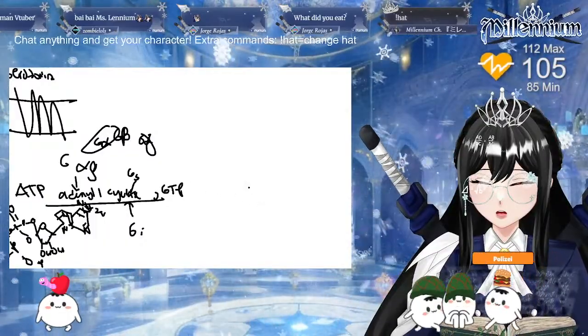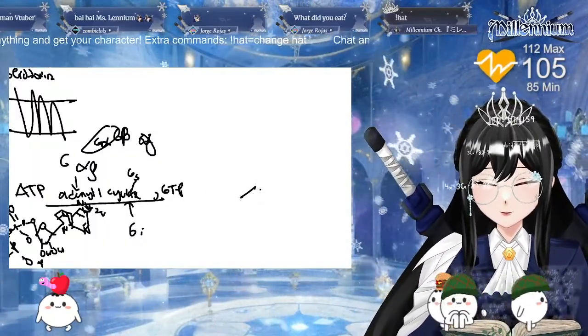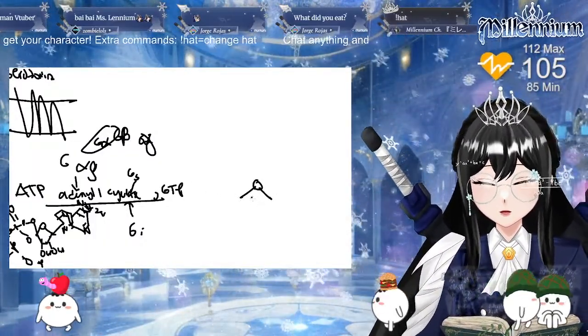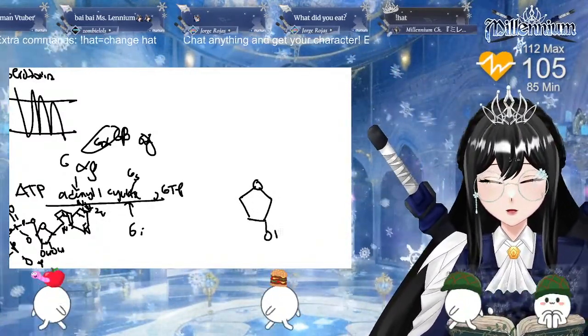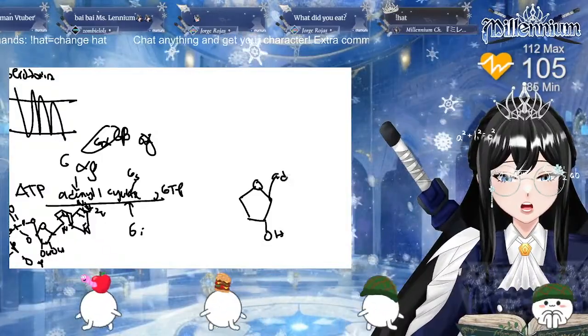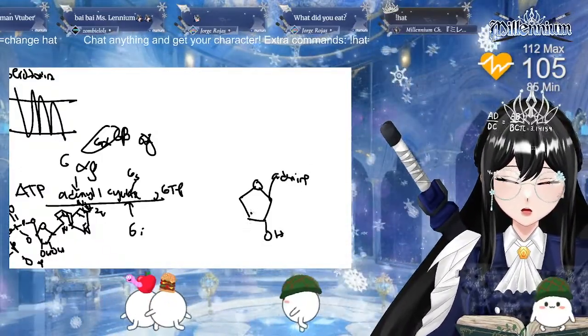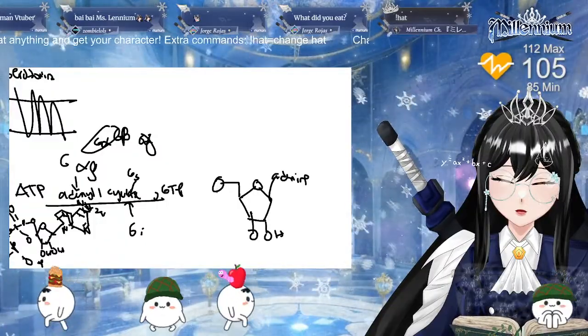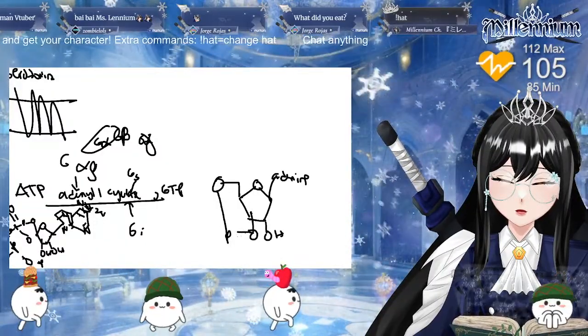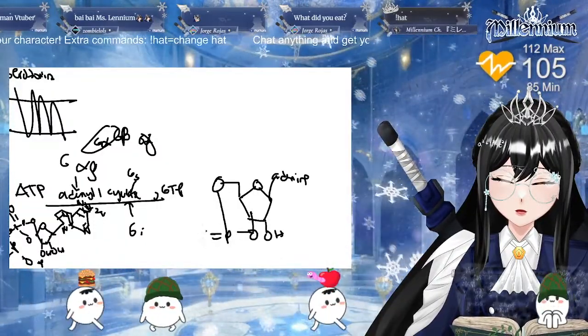And now you have cAMP. What is cAMP? So, this one's weird. You have this part again, still the OH, your adenine, but then you have the O, and then you have the O. This forms a box, and you have an O here.